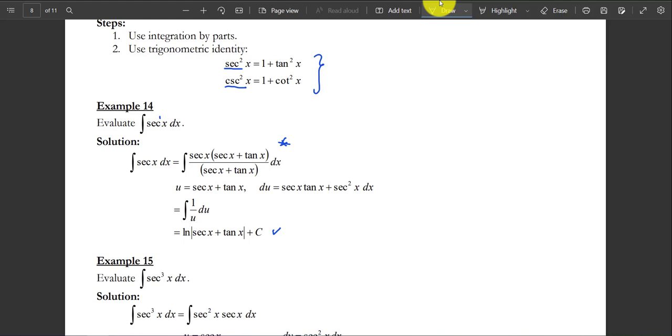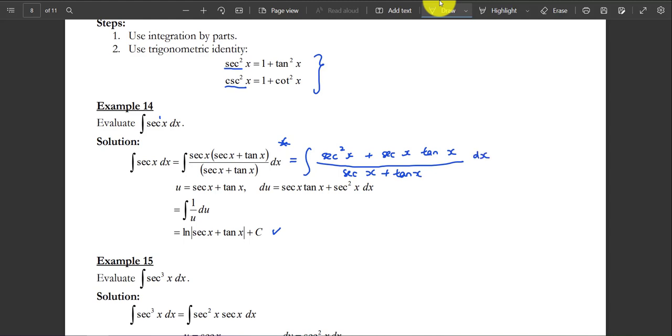And then du, differentiate u, secant akan dapat secant x tangent x and tangent dapat secant square x. If we look at our integration, yang atas kita ada secant square x plus secant x tangent x, when we multiply with secant x plus tangent x, yang purposely kita darabkan tadi. Bawah tu we have secant x plus tangent x, dx.